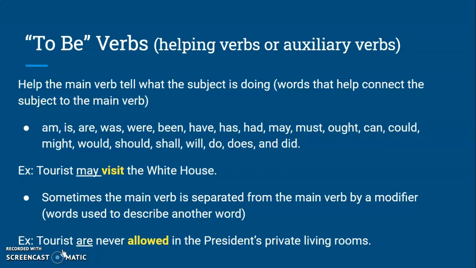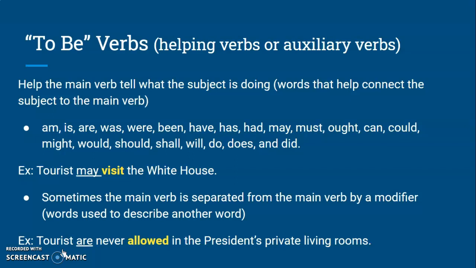Sometimes the verb or the main verb is separated from, I'm sorry, that should say sometimes the to be verb is separated from the main verb by a modifier. Words used to describe another word. Modifiers, we have two. We have adjectives and adverbs. Tourists are never allowed in the president's private living room.